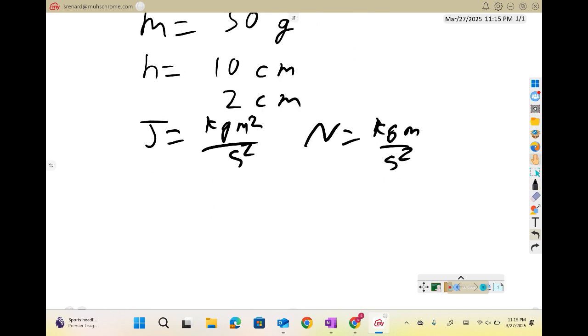So the first thing we need to do is change all of our units into the standard units, the kilograms, meters, seconds, so to speak.